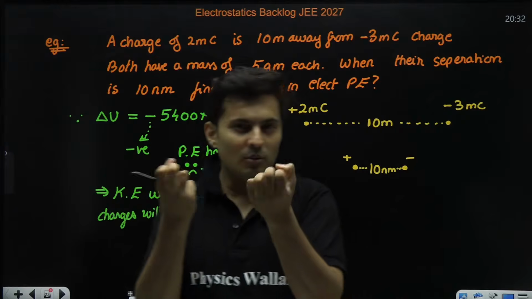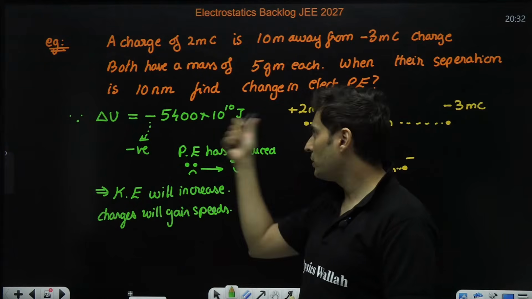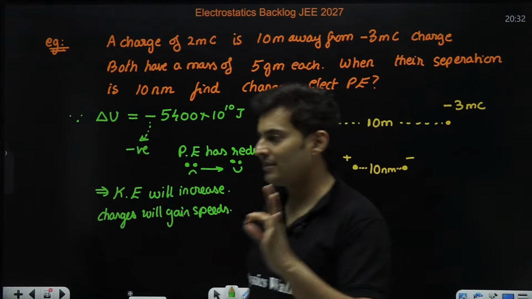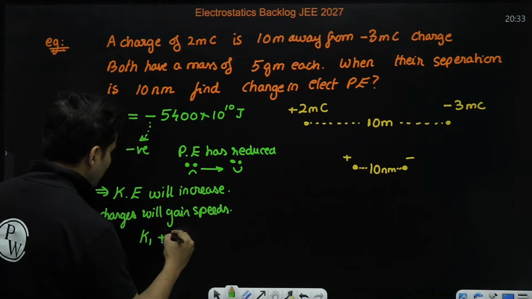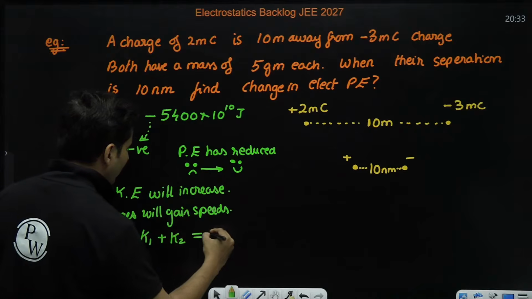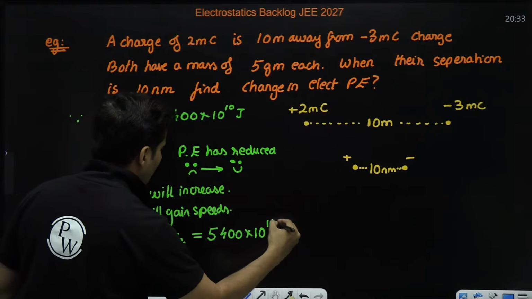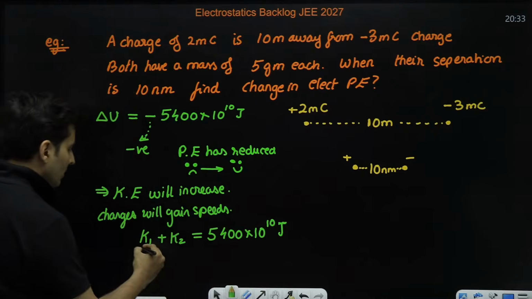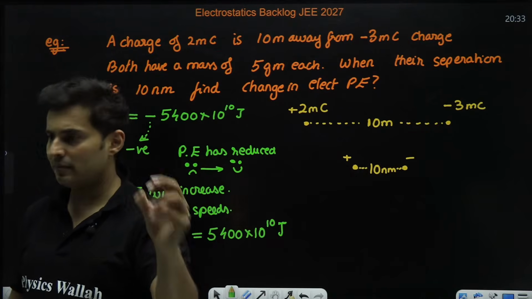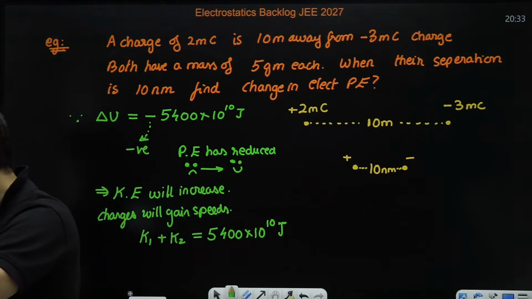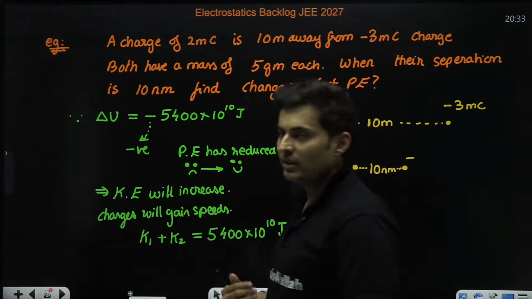And if you ask me what the kinetic energy is, the answer will be exactly 5400 into 10 to the power 10 joules. So the kinetic energy of charge 1 and charge 2 together is exactly 5400 into 10 to the power 10 joules. This is K1 plus K2. That means this charge and this charge together will have this much energy. Is this okay? Give me a thumbs up, guys, then we'll go to the next part.